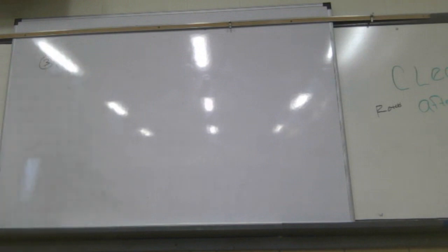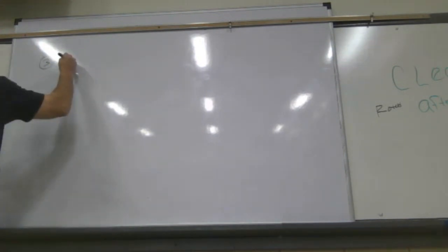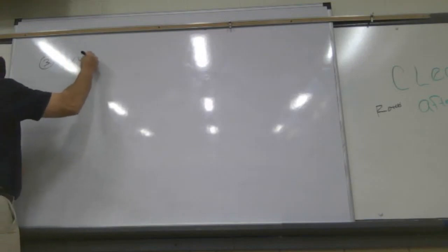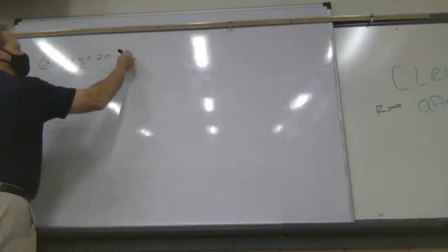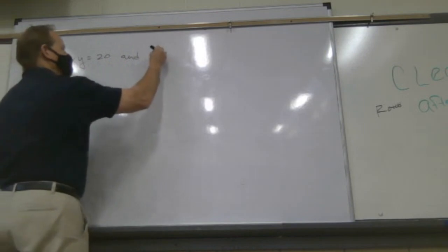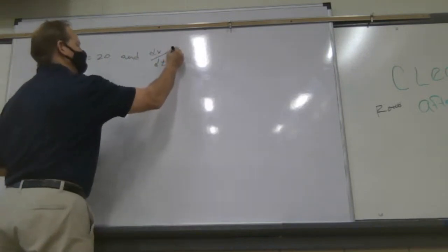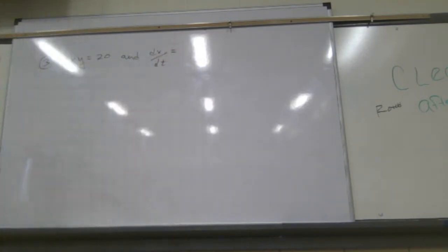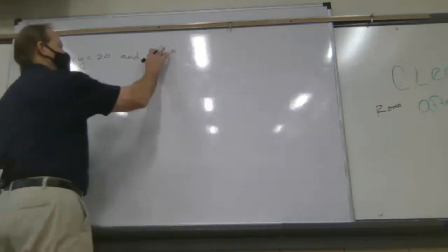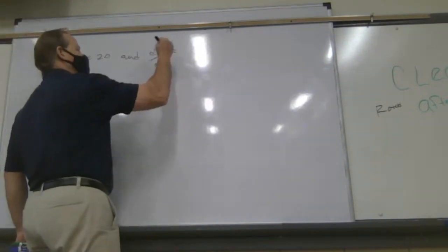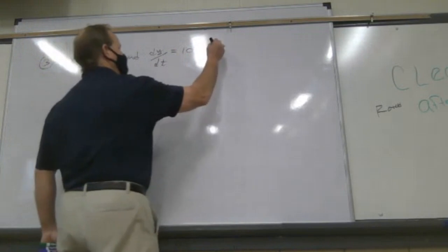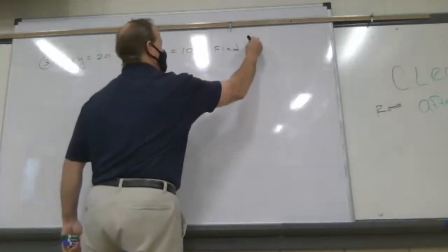This is section 210. We'll just do it quick. If x times y equals 20, and dy/dt equals 10, then find dx/dt.